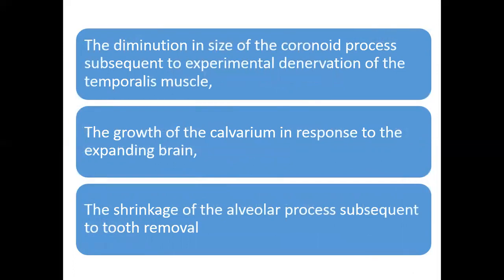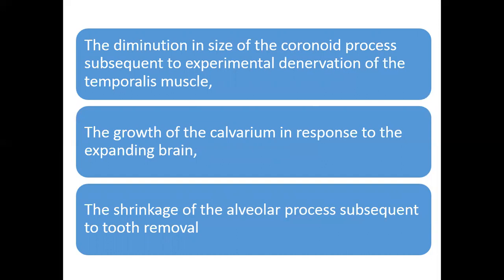For example, the coronoid process gets attached to one of the masticatory muscles called temporalis. As the functional demand increases, for example, if the temporalis muscle is dissected or removed, the development of the coronoid process is diminished.